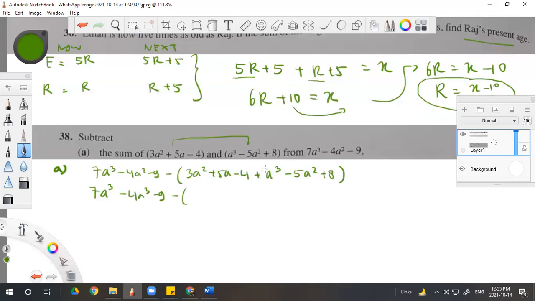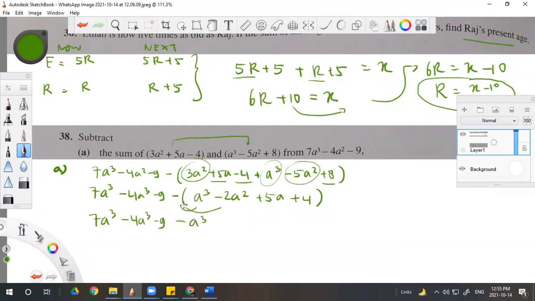Right? A cube nggak ada temen. Ya udah. 3A squared minus 5A squared minus 2A squared. 5A plus 5A minus 4 plus 8 plus 4. And then open the bracket slowly but surely. Minus A cubed plus 2A squared minus 5A minus 4.